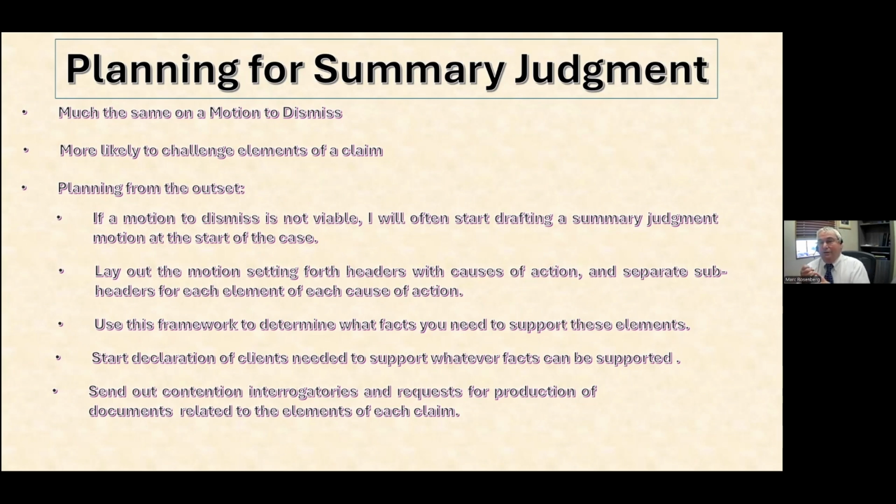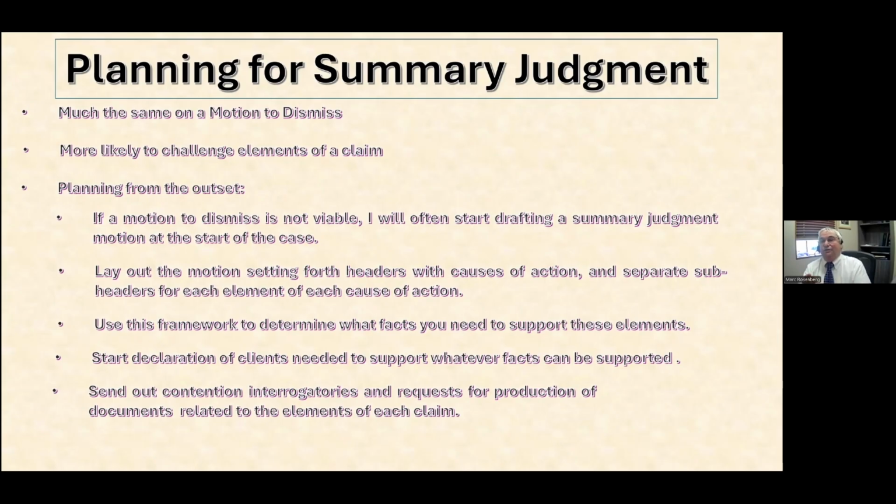Well, you've got a duty, a breach of that duty, injury, and the injury has to be caused by that breach of duty. If you have something like a Consumer Protection Act claim, what are the elements of that? Well, you have an unfair or deceptive act or practice in trade or commerce that affects the public interest.